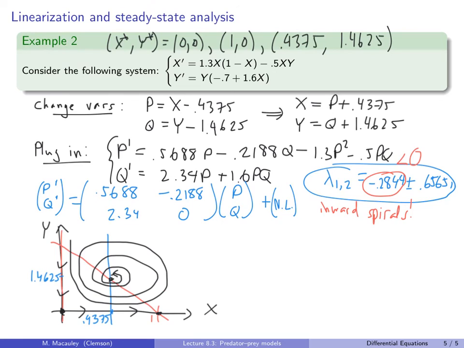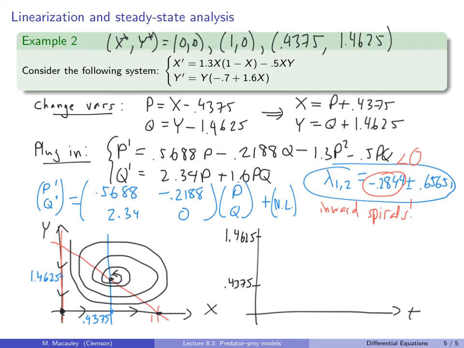And now if you plot the component plots, so suppose this is t, well then the x value, this is going to be 0.4375.